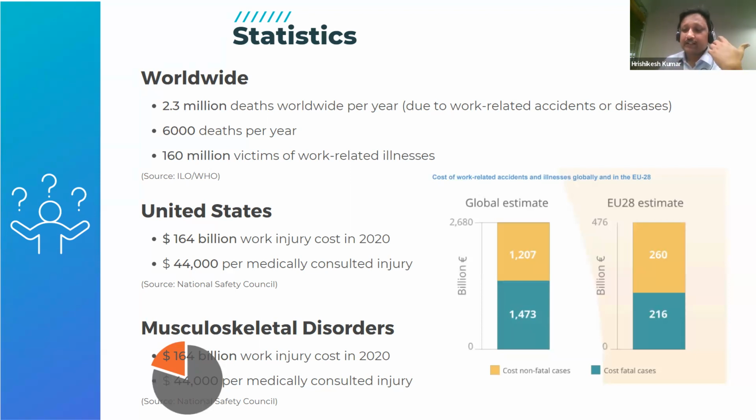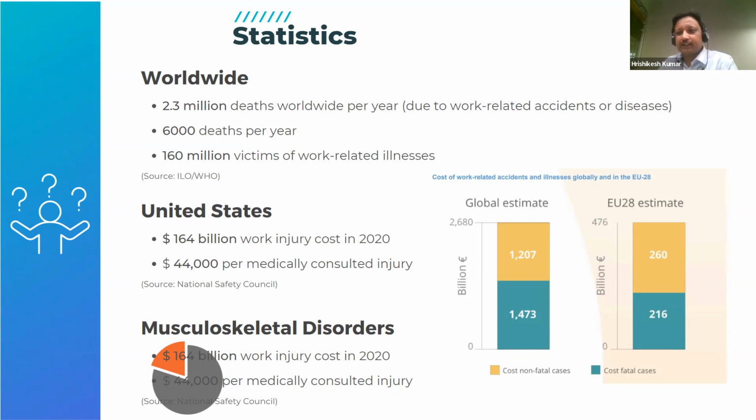So it's like 6,000 deaths per day. Sorry, it's not per year, it's per day. And the injuries are almost 160 million. So 160 million people either get ill due to the working conditions, or get some kind of injury at work. Either the environment is not good, or the health condition is not taken care of, or the safety aspect of the work is ignored.